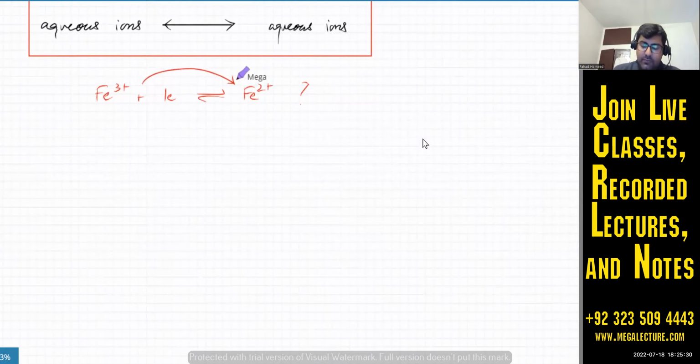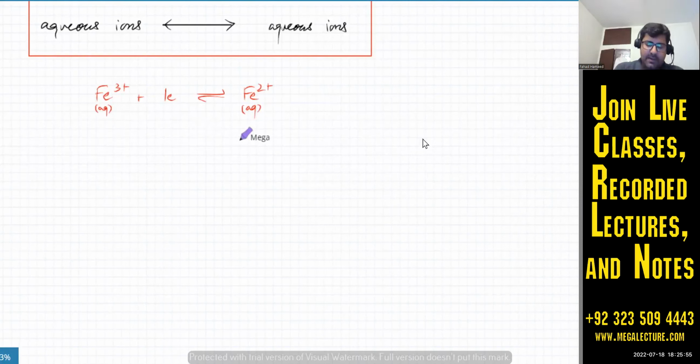Or the other way around? Or is it Fe2 plus that likes to lose electrons and form Fe3 plus, right? Let's say I'm confused and I don't know what's going to happen, but both of them are aqueous ions. Fe3 plus is aqueous, and similarly Fe2 plus is also aqueous.